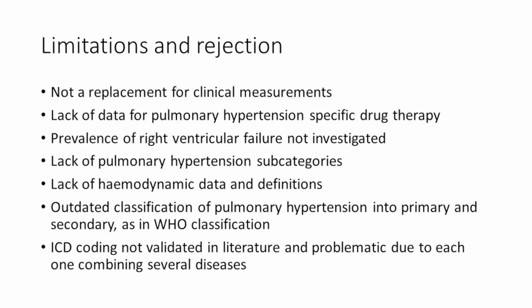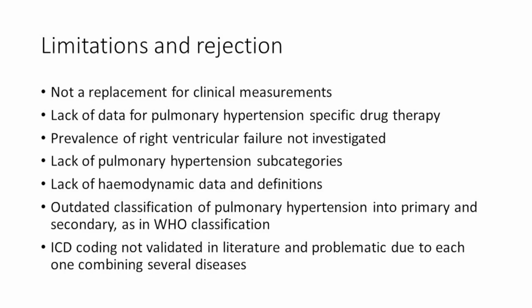This ultimately meant that the definition was not ideal, and as a result it was not very clinically applicable. Furthermore, there was a lack of subcategories which determine the mortality risk, such as categorizing pulmonary hypertension by etiology.